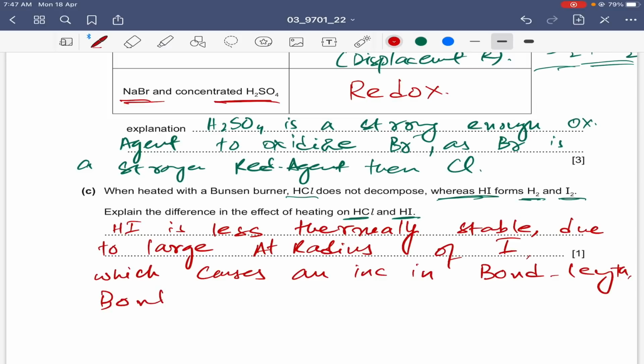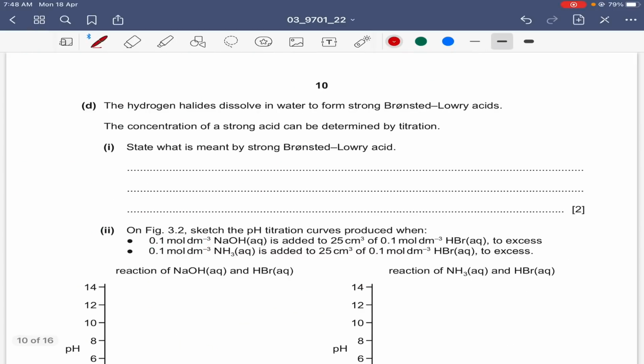It becomes easier to break the bond, right? Just remember that whenever bond length increases, bond energy decreases. So that's why HI can be decomposed, but HCl cannot be decomposed when heated in a Bunsen burner due to its stronger bond energy. All right.